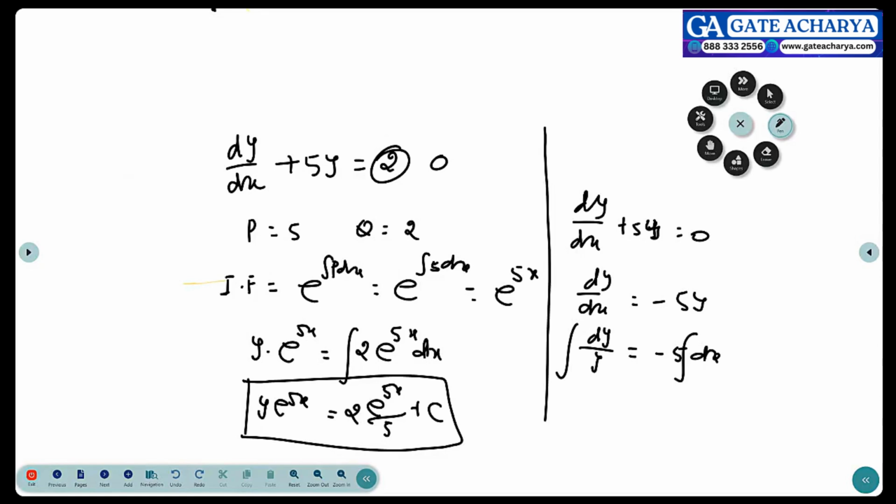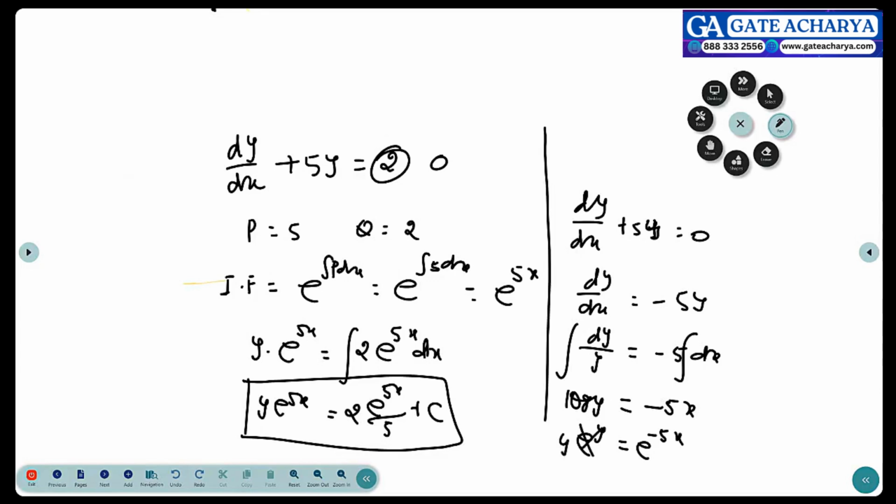Integral dy by y is log y, since the derivative of y is the numerator, so you write the log. Log y is equal to minus 5 into integral dx, which is x. Take the exponent on both sides.